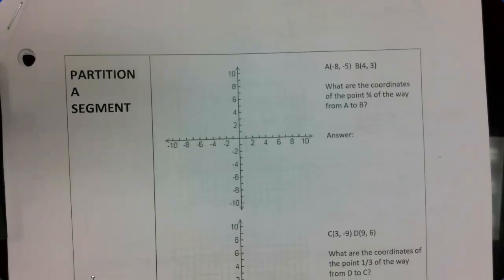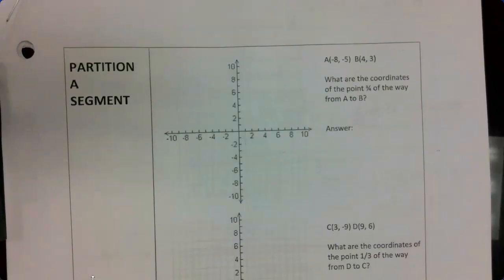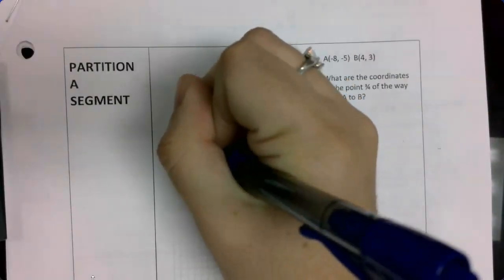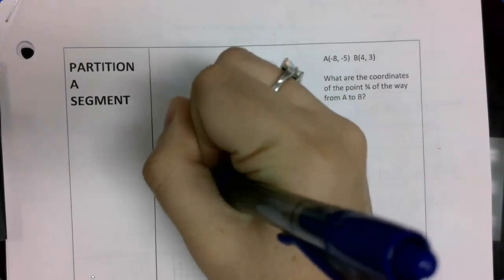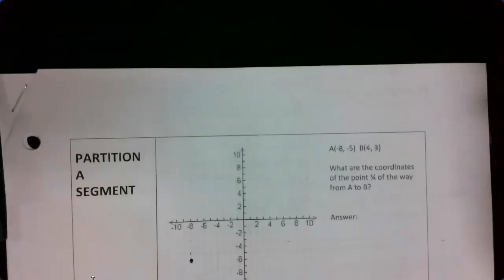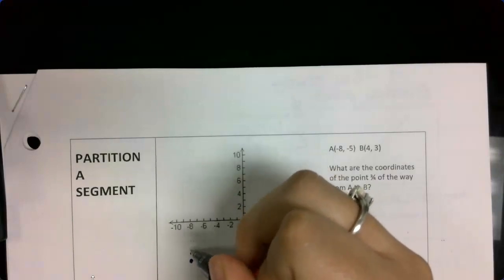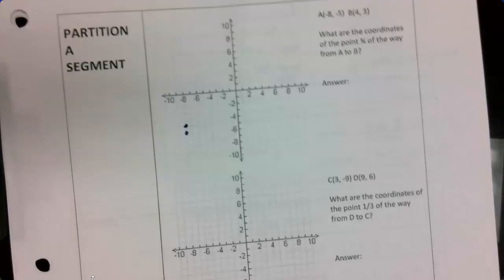So, same thing over here, except this time I have to plot the points myself. So, -8, -5 is my first point. One, 2, 3, 4.